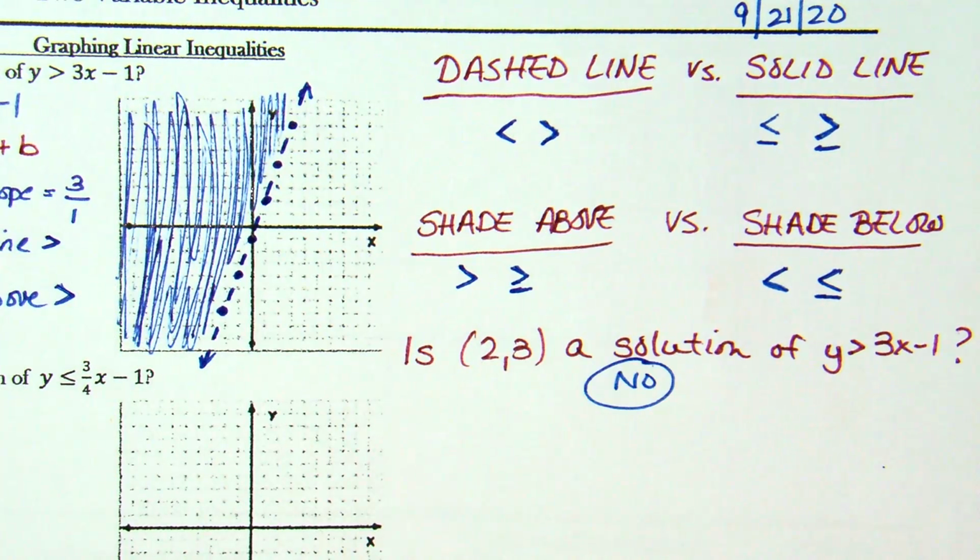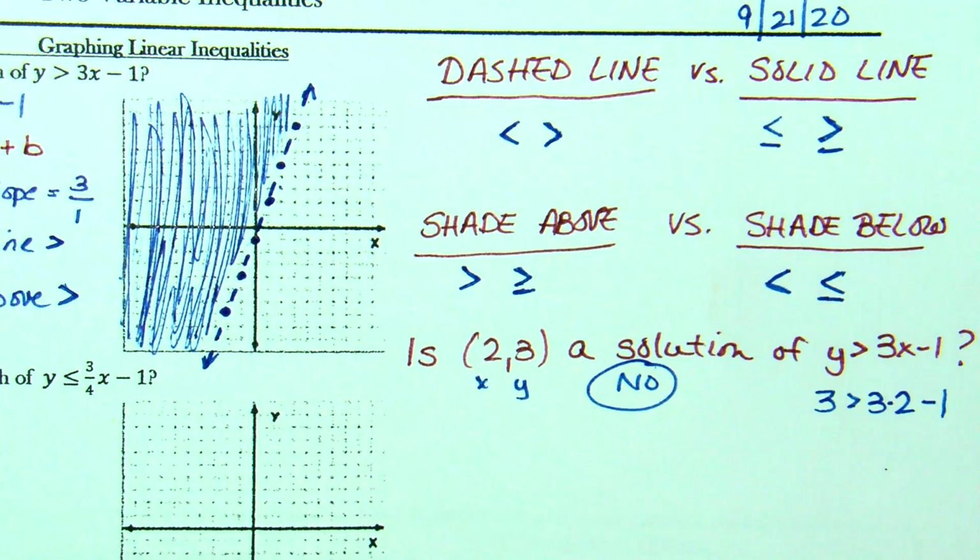Plug them in: 3 greater than 3 times 2 minus 1. Well, 3 times 2 is 6. 6 minus 1 is 5. Is 3 greater than 5? No. So 2 options, yes? If you have the graph, by all means, don't do that extra work. Just look at the graph. But if you don't have the graph, or if you're not 100% confident that your graph is correct, can you do this?